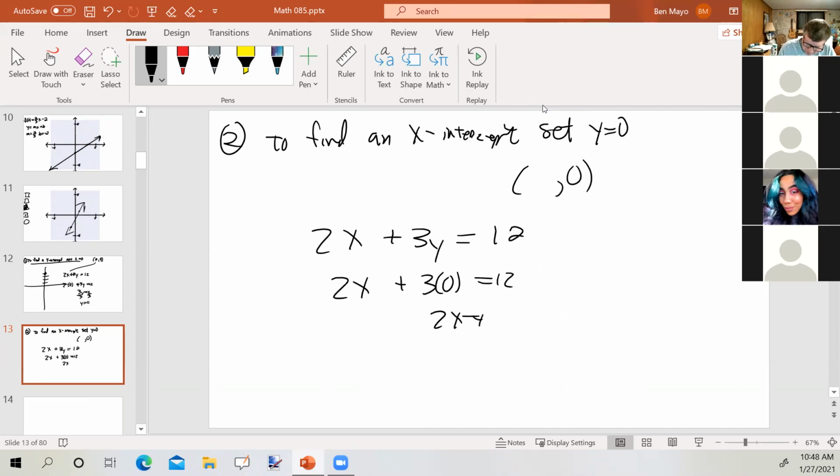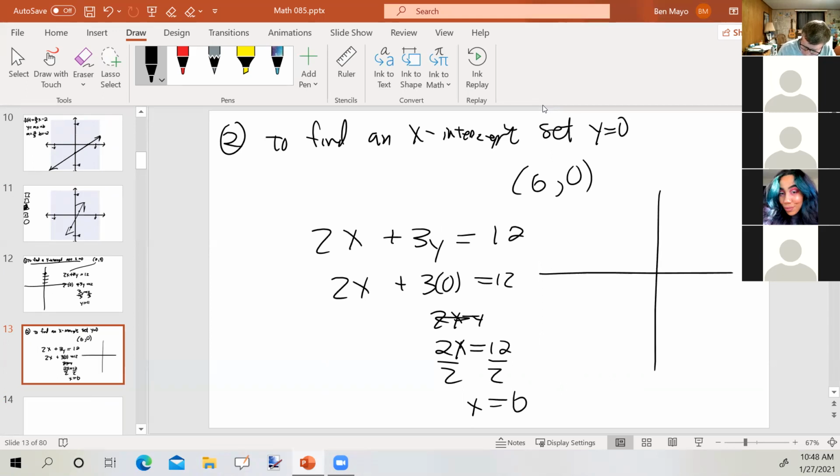So 2x equals 12, divide by 2, x equals 6. The x-intercept is where it cuts through the x-axis on the graph. So those are y-intercepts and x-intercepts. Any questions about those?